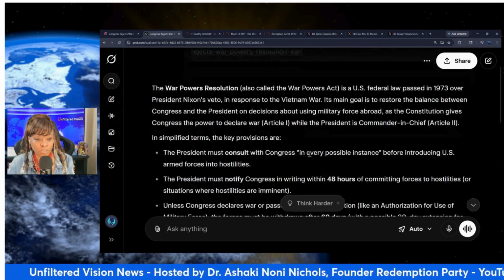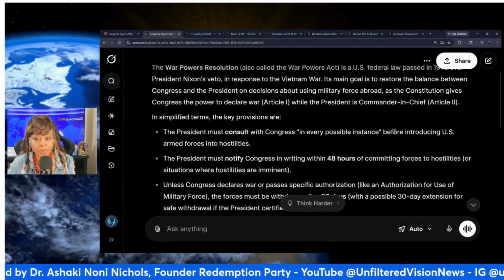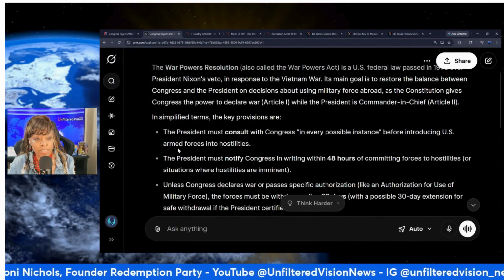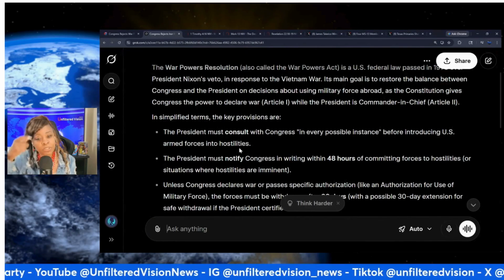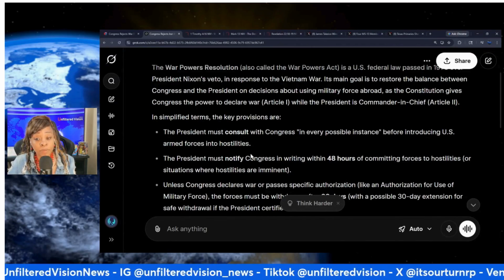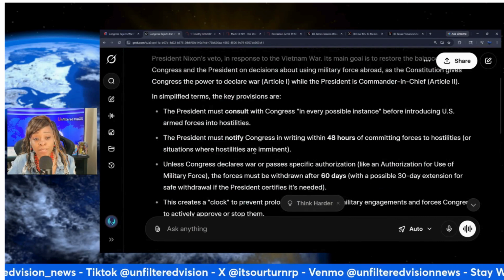So in simplified terms, the president must consult with Congress in every possible instance before introducing U.S. armed forces into hostilities, which he did. The president must notify Congress in writing within 48 hours of committing forces to hostilities or situations where hostilities are imminent.